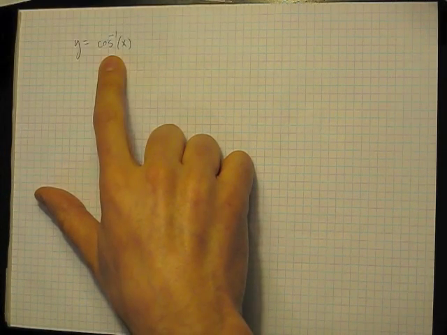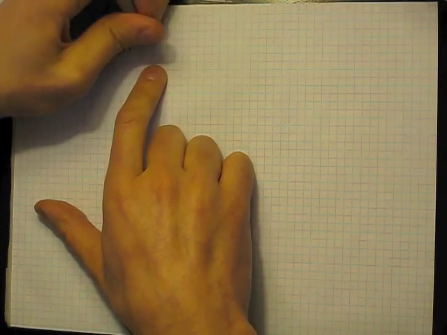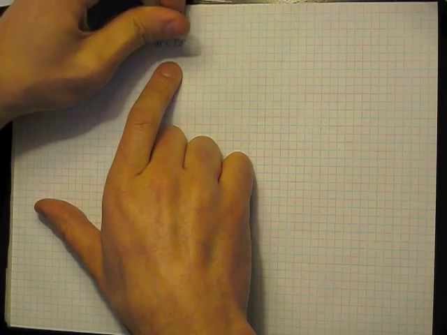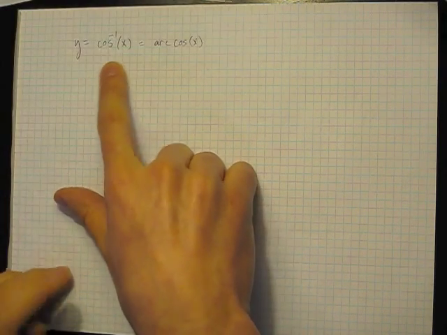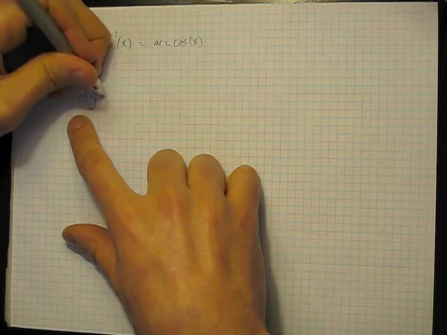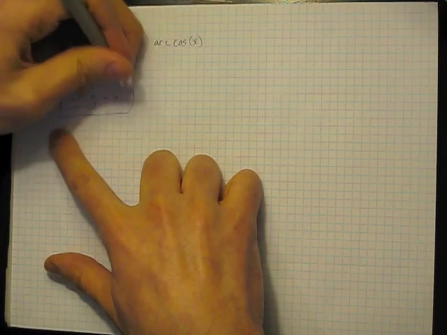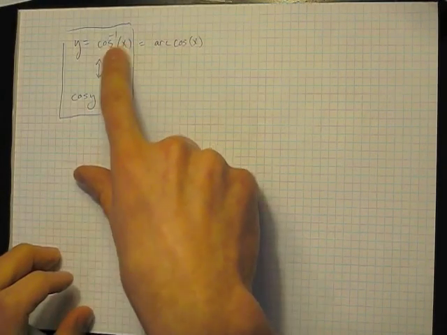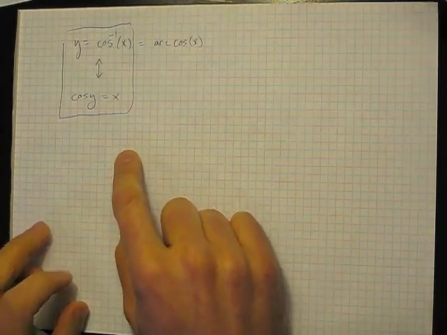So this is cosine inverse, or arc cosine, same thing as before with sine. Let me write it this way. And what it means is that cosine of y is equal to x. So this is the relationship between cosine and its inverse function.